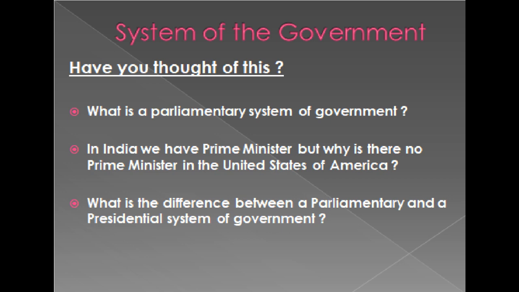Whereas in a parliamentary system, the legislature holds supreme power. Legislature is the one who makes the laws, and in a parliamentary system you have the legislature, the executive, and the judiciary. So if you notice, we don't vote directly for Narendra Modi.